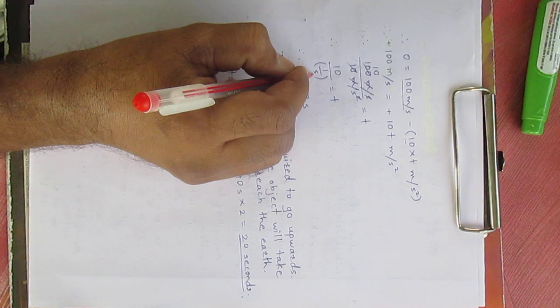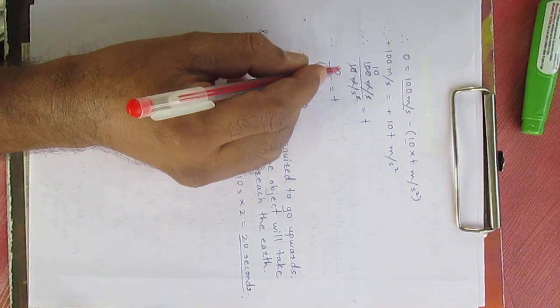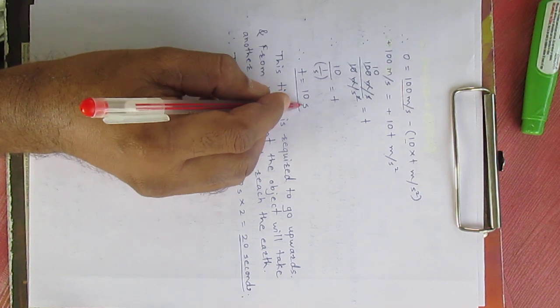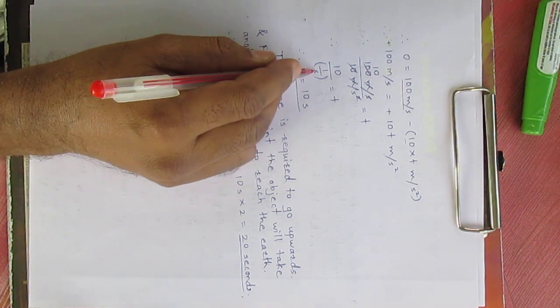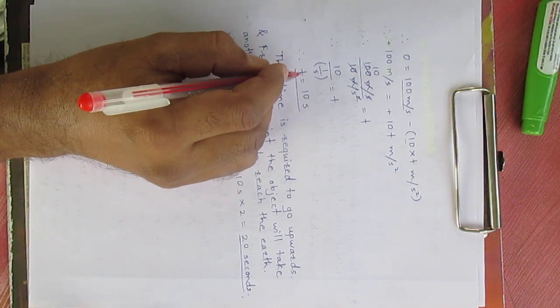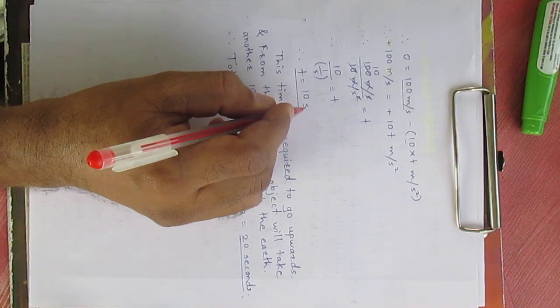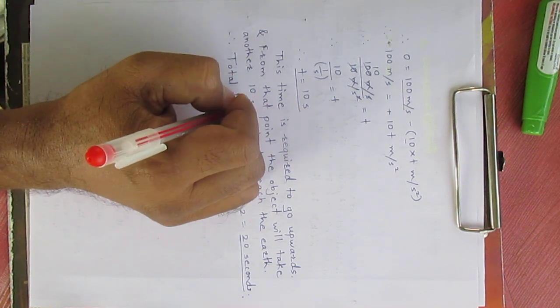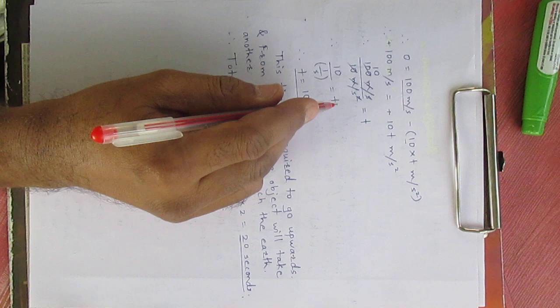This 1 by s, when it is coming in upward direction, that means in the numerator, s will come into the numerator by taking the reciprocal of this 1 by s. Therefore the time required will be 10 seconds to reach from point A to point B.